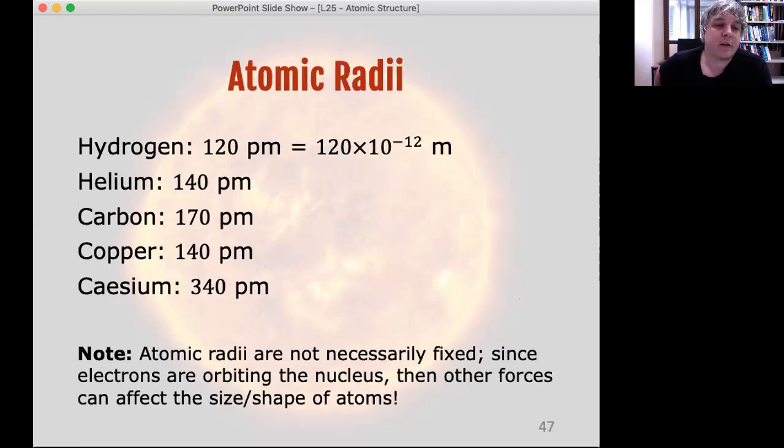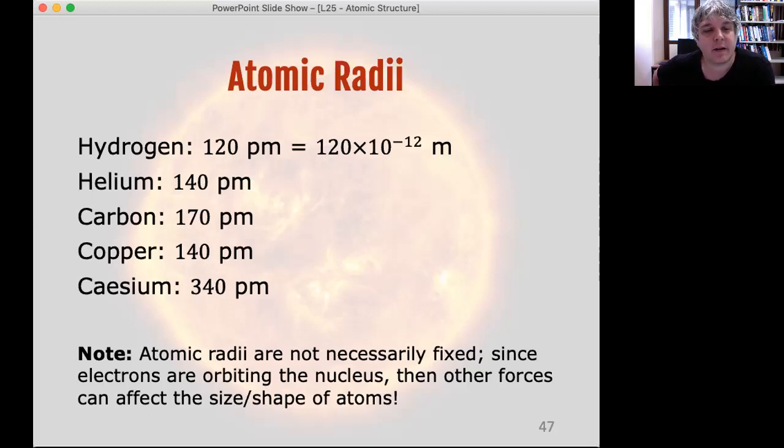So for hydrogen, we have an atomic radius of 120 picometers, pico being 10 to the negative 12. So if you remember your prefixes, that's 10 to the negative 12. Helium, slightly bigger, 140, carbon, 170, copper back down to 140, cesium, 340.